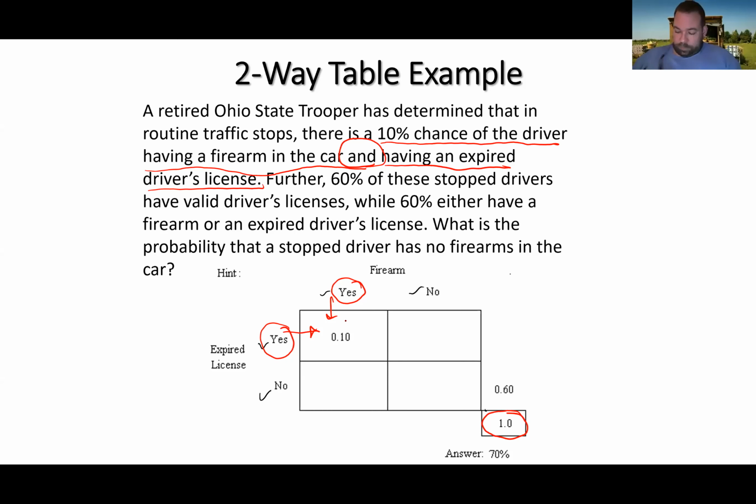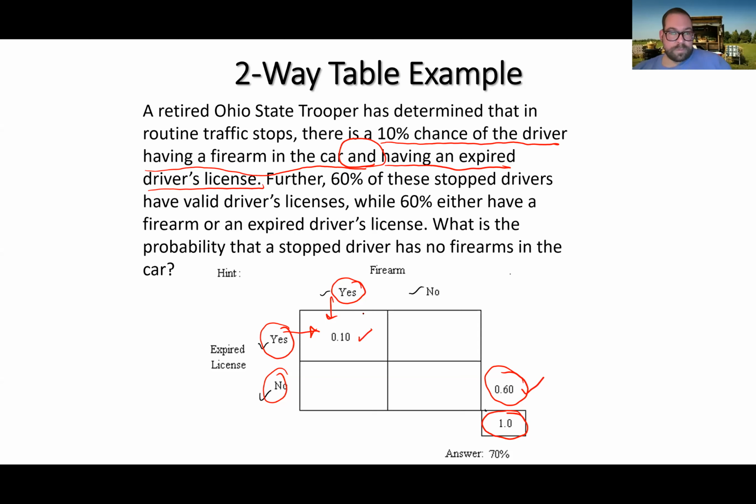Then it says further 60% of these stopped drivers have valid driver's licenses. In other words, 60% of the drivers who are stopped do not have an expired license. Doesn't matter, this sentence says nothing about whether they own a firearm or not. So that becomes a marginal value for you, and that data is ready.